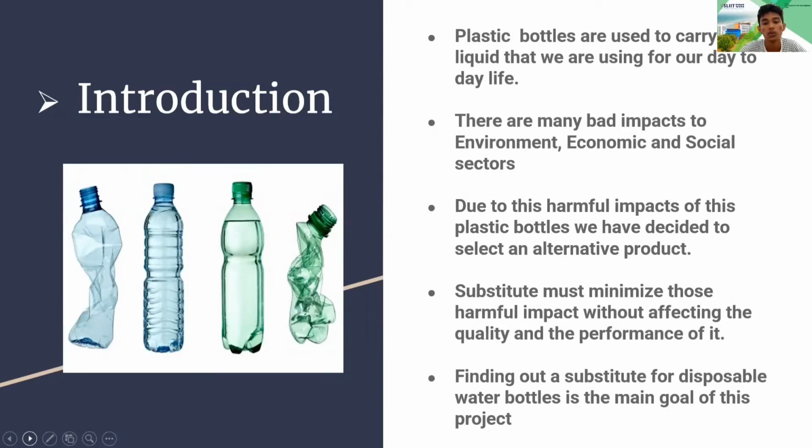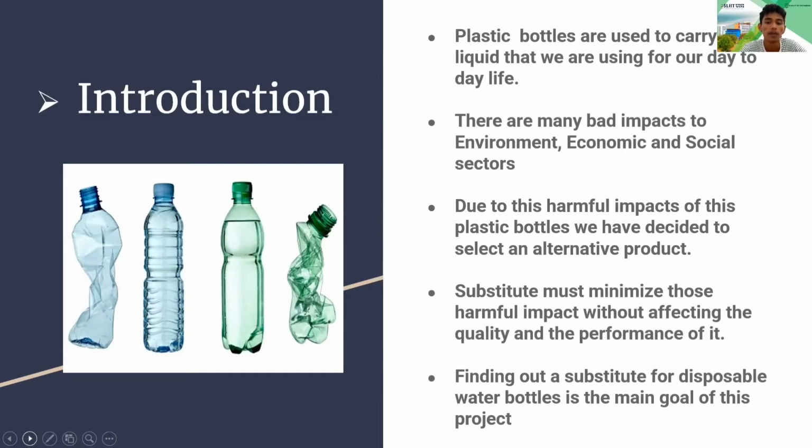Plastic bottles are used to carry the liquid that we are using for our day-to-day life. There are so many bad impacts of environmental, economical, social problems to the world. Due to this harmful impact of these plastic bottles, we have decided to take an alternative of this project.